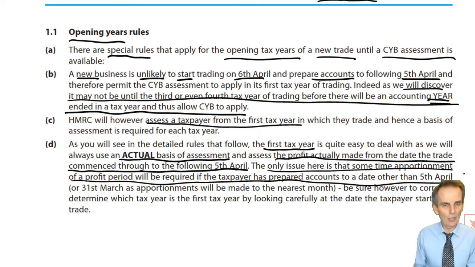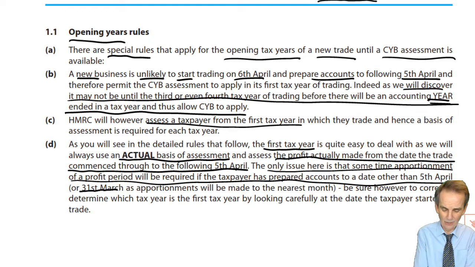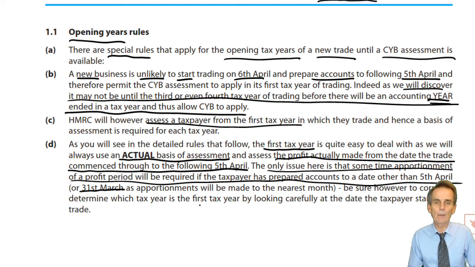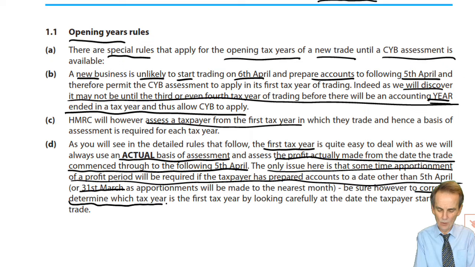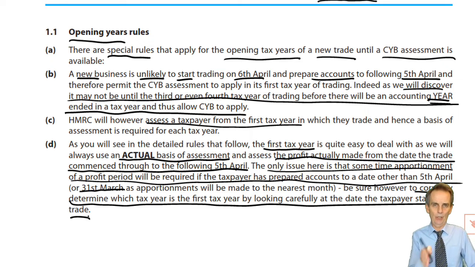Again, as close as you'll ever get to it, unless they tell you 5th of April, is the 31st of March. All of our time apportionments that we do here will be to the nearest month, so 31st of March effectively equates to the same as the 5th of April. Be sure, however, to correctly determine in which tax year you started to trade. What is the first tax year? For that, you look at the start date.